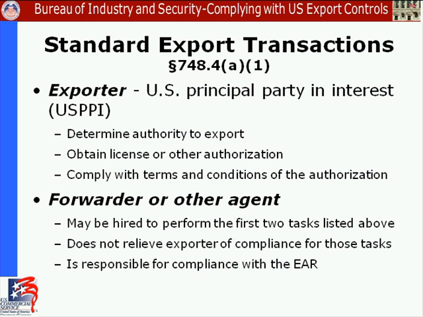Transactions can be structured any number of ways under our regulations. And we here at BIS do not get involved to that level in determining how you must structure your transaction. We simply state whatever you and the other parties to the transaction can agree upon must be in compliance with our regulations, export administration regulations.